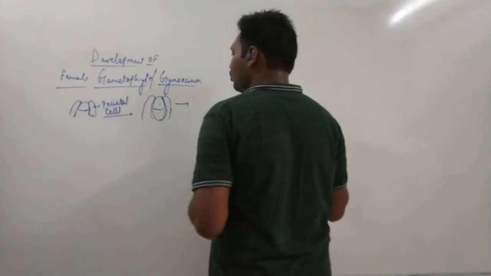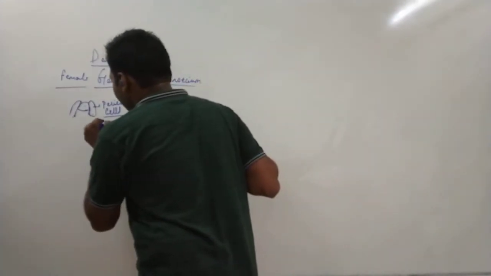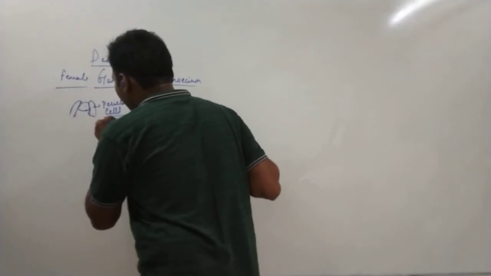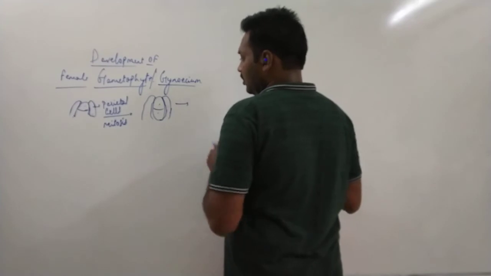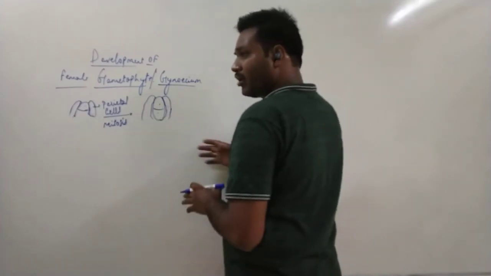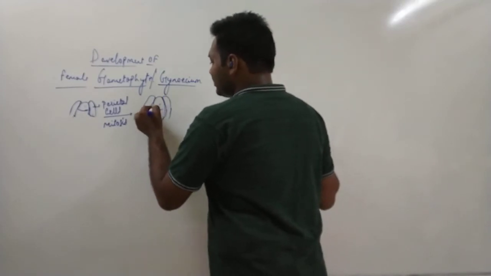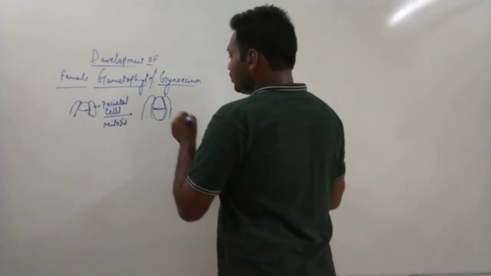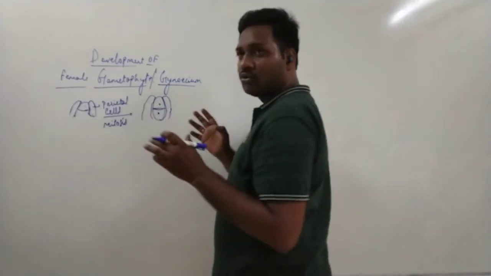Again it will undergo further mitotic division. I can write here mitosis. Since this is the mitotic cell, the number of chromosomes here is diploid.